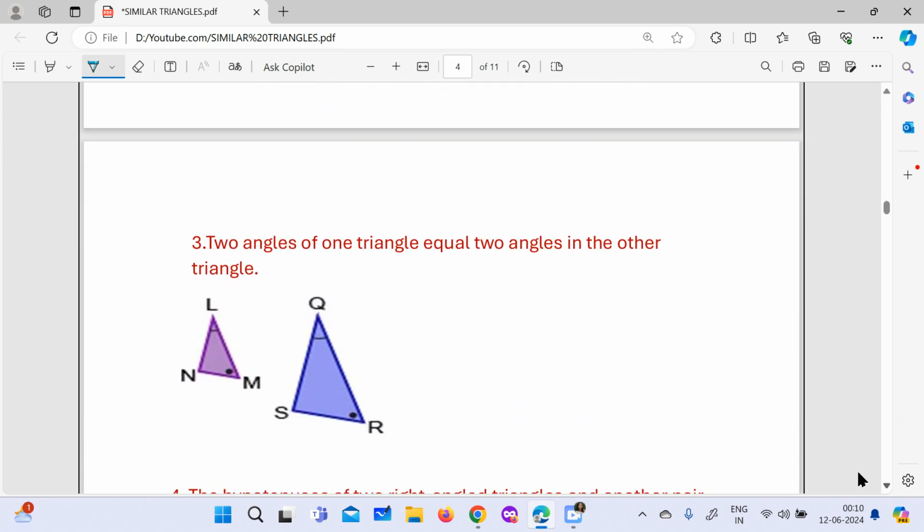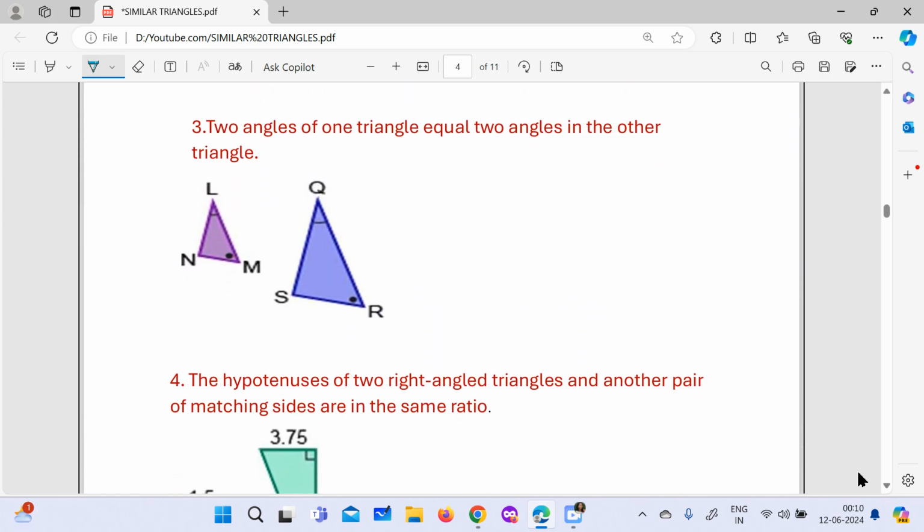Now, two angles of one triangle are equal to two angles in the other triangle. So here we are talking about AA similarity, which represents that two angles of one triangle are the same as two angles of another triangle.